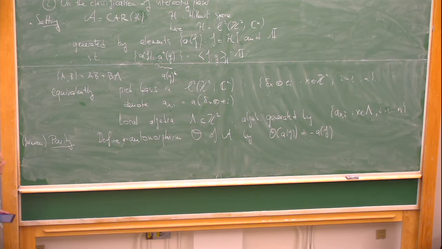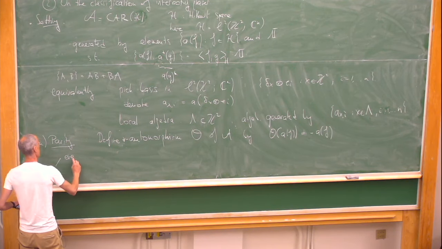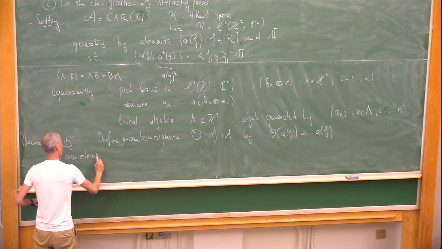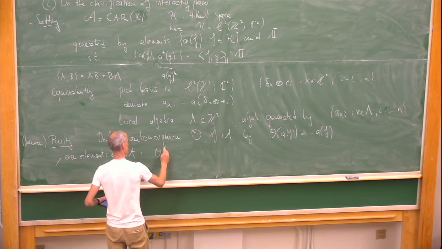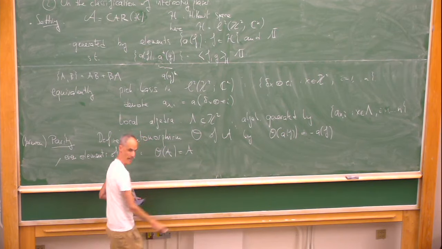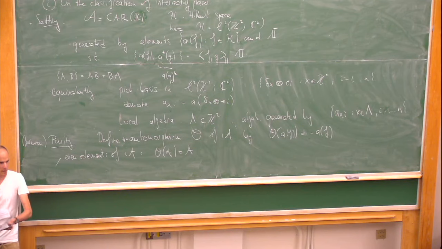Okay. And then you can have even elements of the algebra. They're such that theta of A is A. If you think in terms of polynomials, it's a polynomial where every single monomial is even.